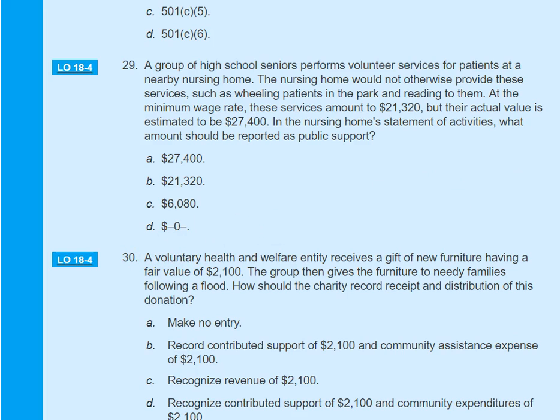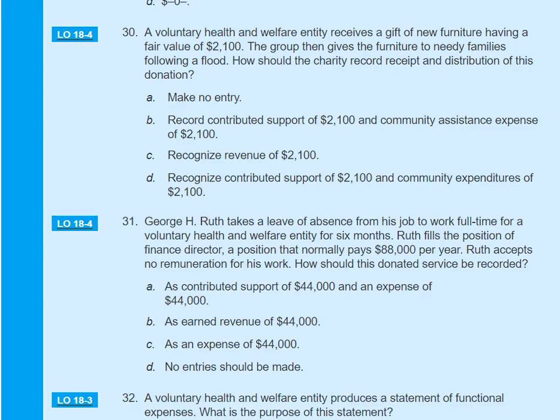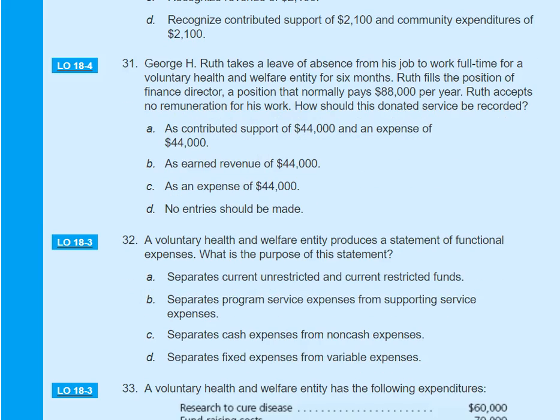Now let's see a couple more examples here. Number 31. George H. Ruth takes a leave of absence from his job to work full-time for a voluntary health and welfare entity for 6 months. This is again a voluntary service related question. And what did Ruth actually do? Ruth fills the position of a finance director. That sounds like a position that needs skills and expertise; no one can do it easily.